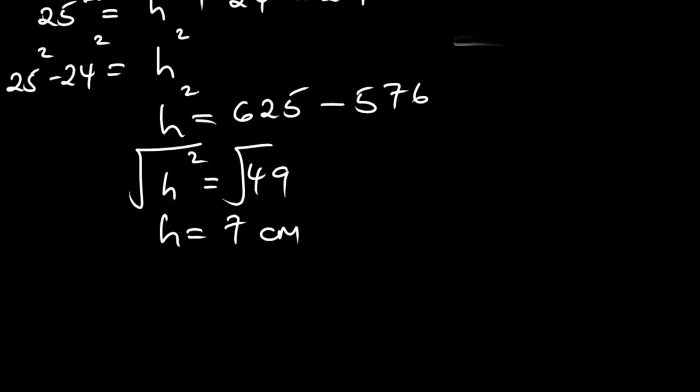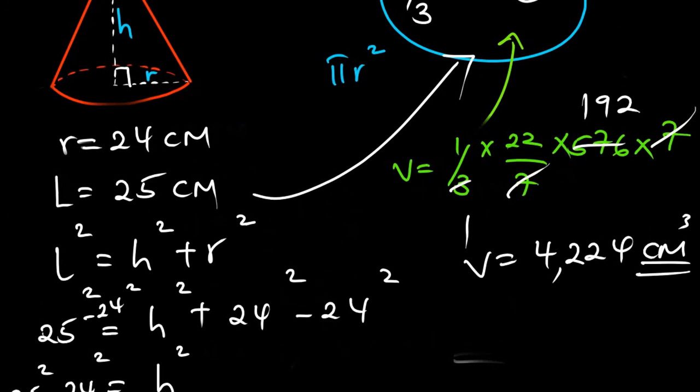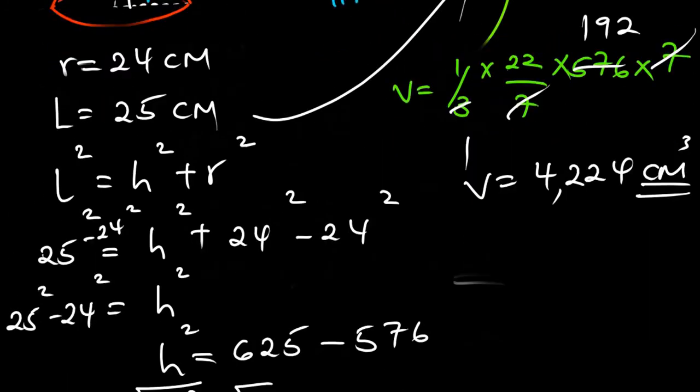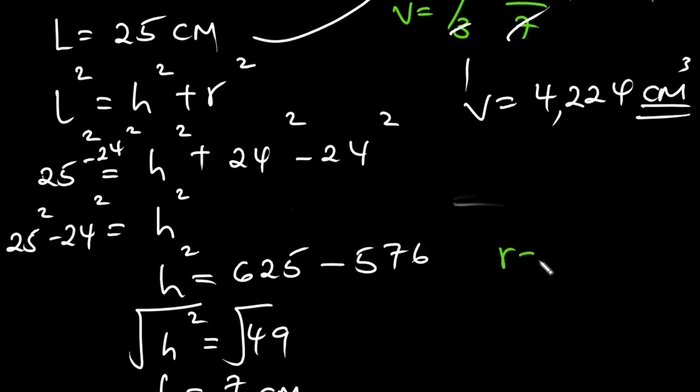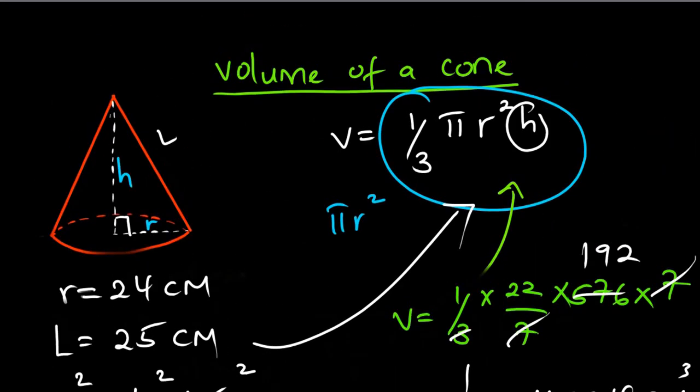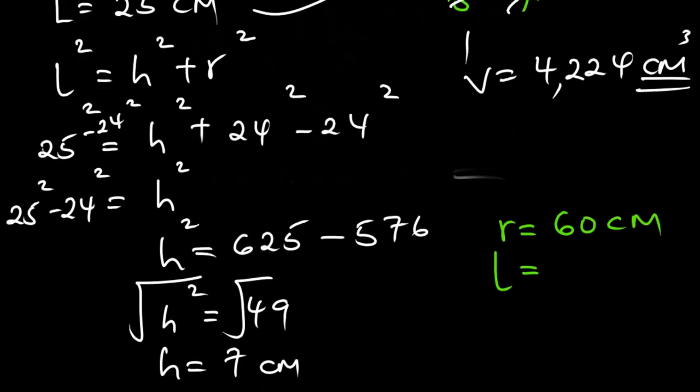Let's calculate the volume of a cone that has the radius as 60 centimeters and the slant length as 61 centimeters.